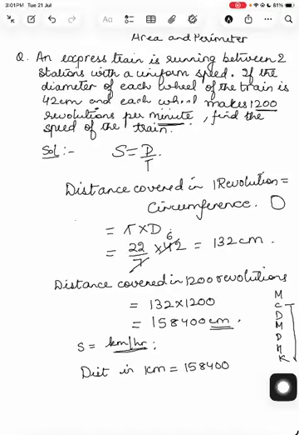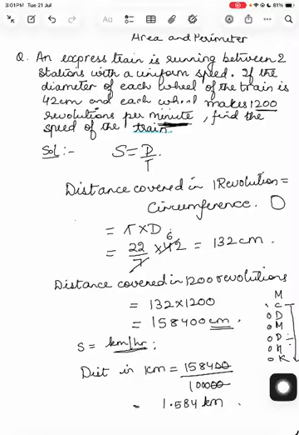We have to go down, so we will divide by 1 and how many zeros? 1, 2, 3, 4, 5. You will divide by 100,000. So this zero gets cancelled and 3 zeros means 1.584 kilometer.